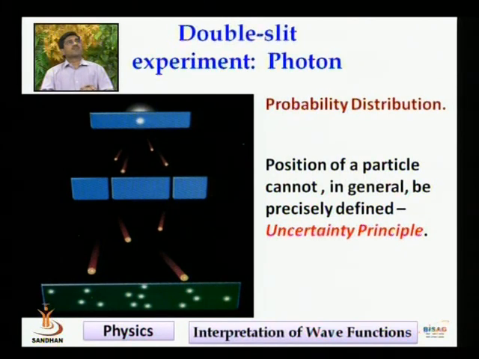For example, if we reduce the intensity to a very small amount, so that only one photon, one bundle of energy, is coming out of the slits at a time, then it can be visualized as a separate, discrete energy quantum, and that quantum, as you know, is known as the photon.